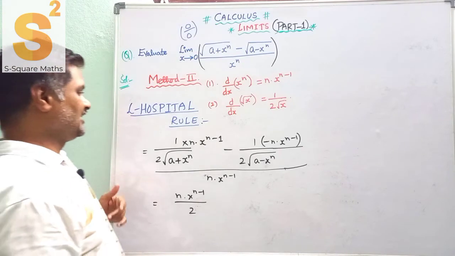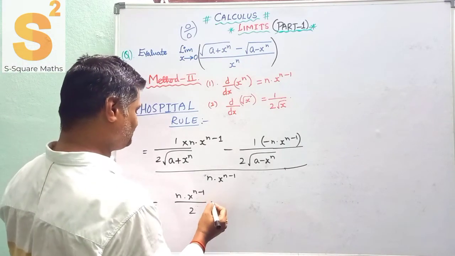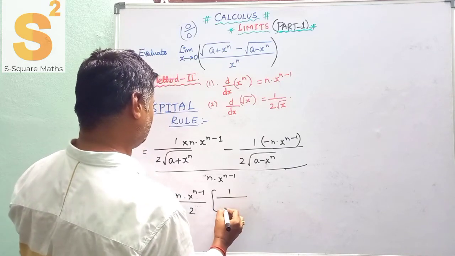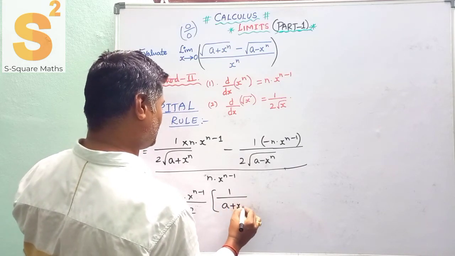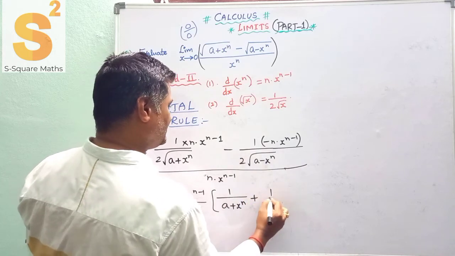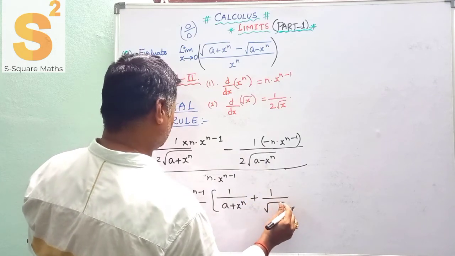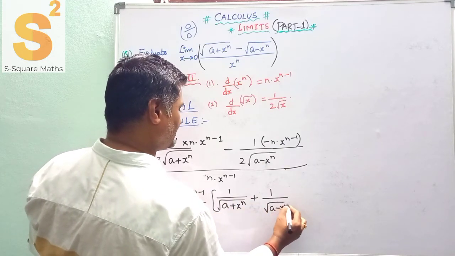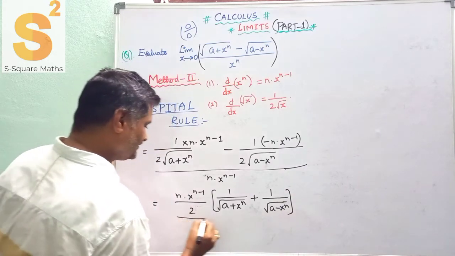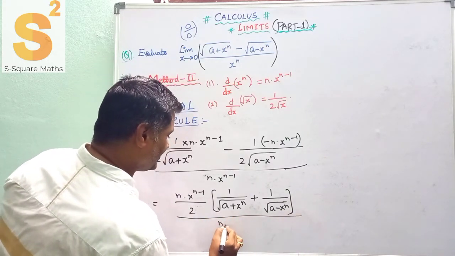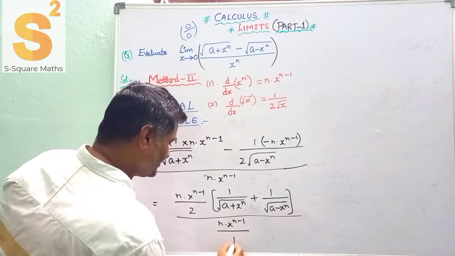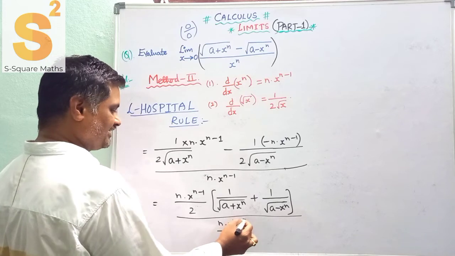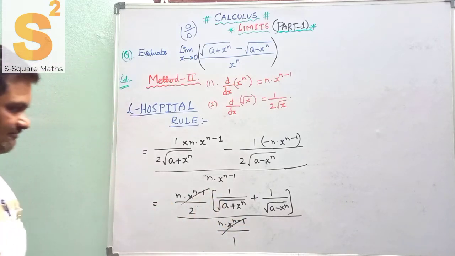Okay, so the leftover part is nothing but 1 by root of (a plus x power n) plus 1 by root of (a minus x power n), divided by n into x power n minus 1. So now after cancellation, these two will vanish.